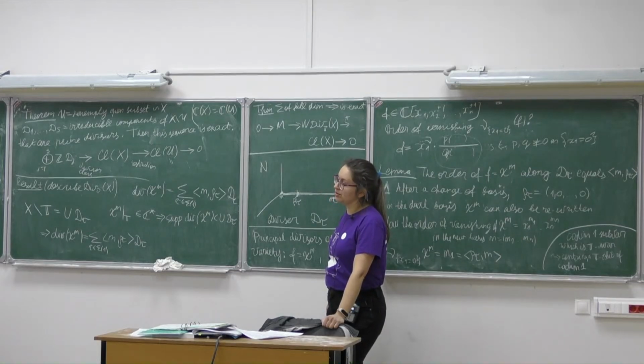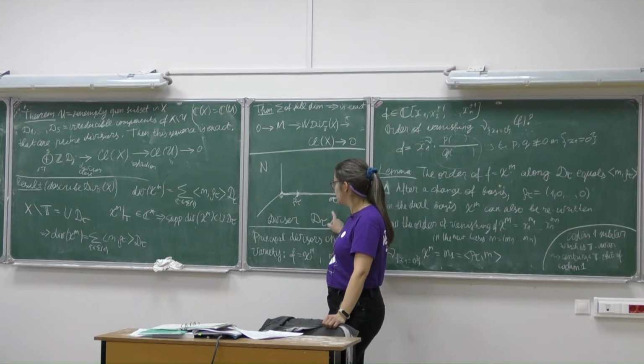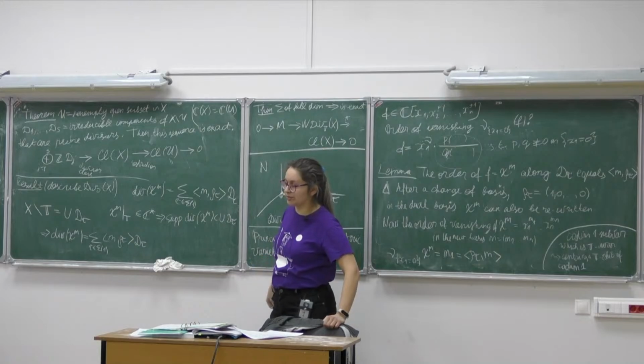By the orbit-cone correspondence, I understand that if we have such a subvariety Y, there exists at least one tau such that d tau lies in Y. But each d tau is irreducible.